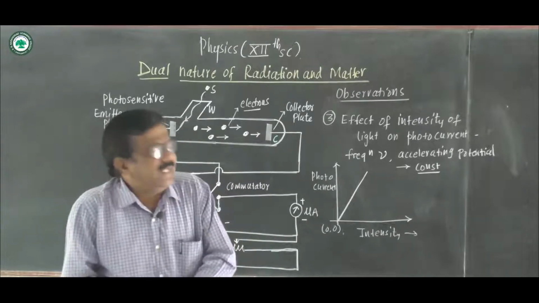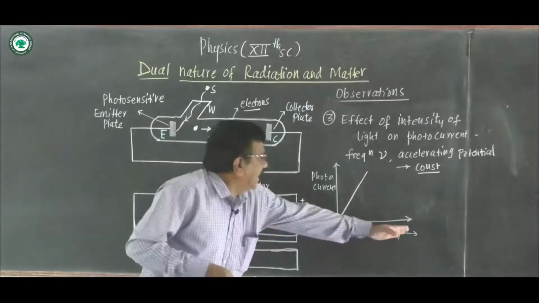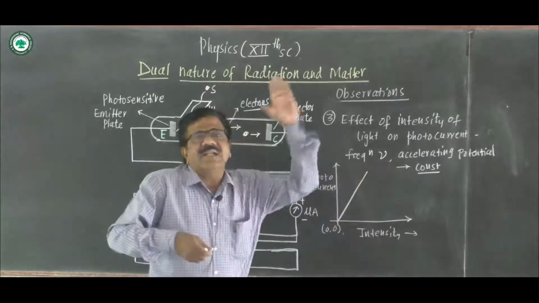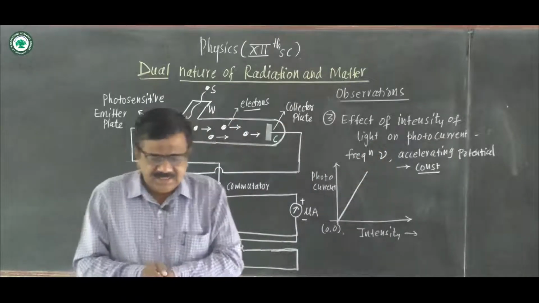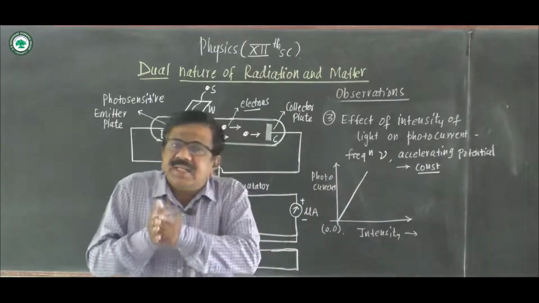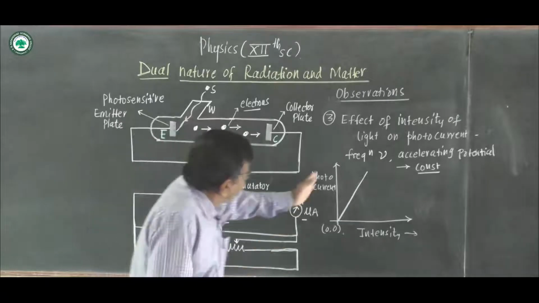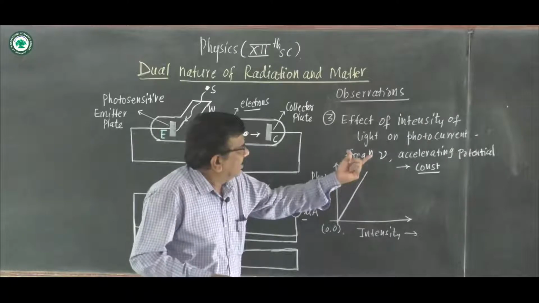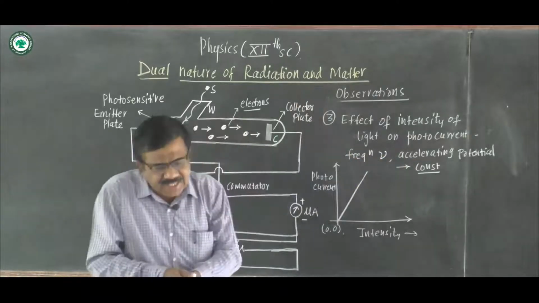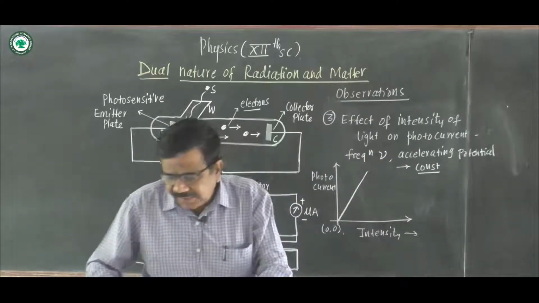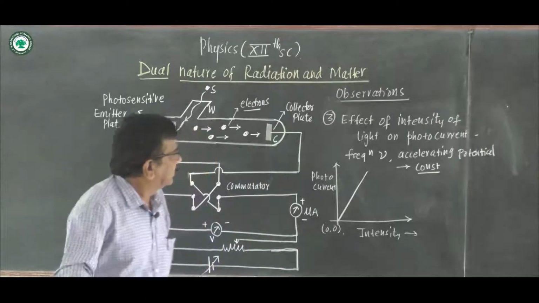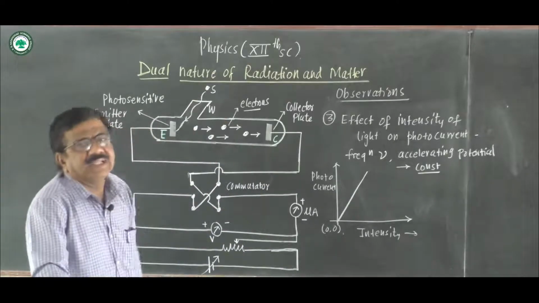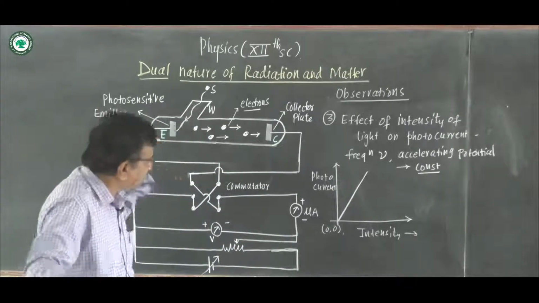It indicates that as intensity is increased, the photoelectric current also increases. Photoelectric current increases linearly with the intensity if frequency and accelerating potential are kept constant. So this is our third observation in this experiment.